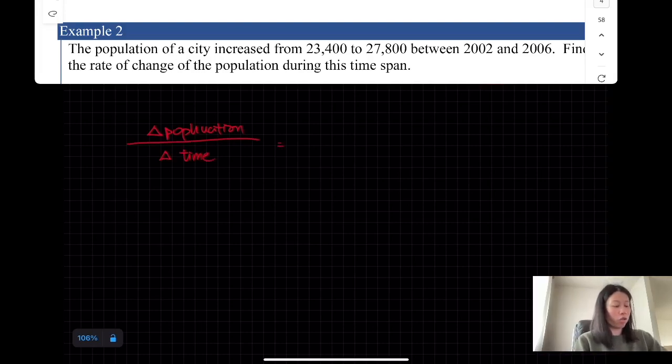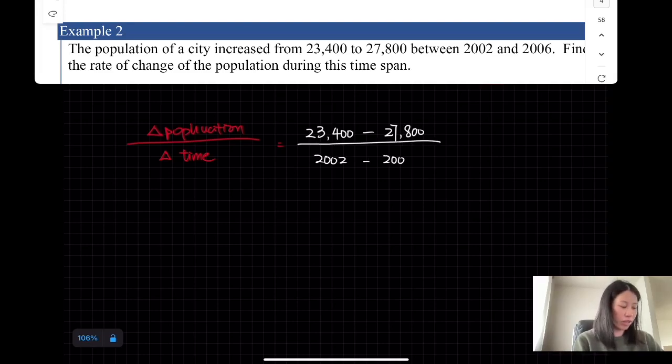All right, so now the change in population is from 23,400 to 27,800, over the years from 2002 to 2016.